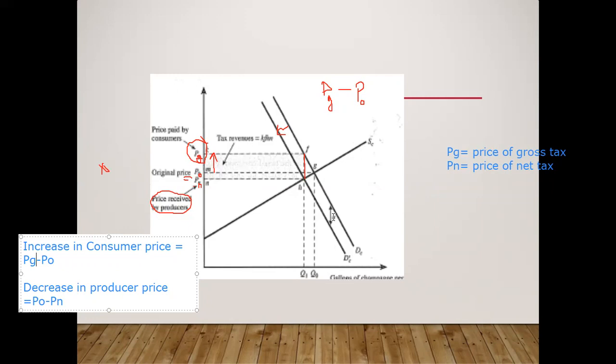This total amount is equal to the per unit tax. By definition, revenue collected is the product of the number of units.